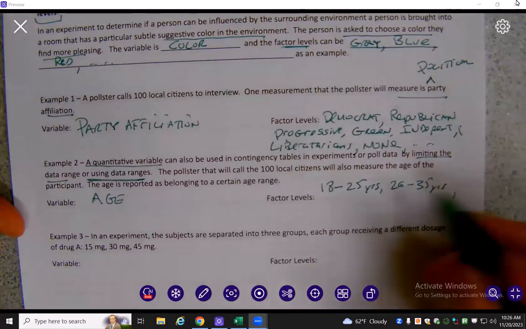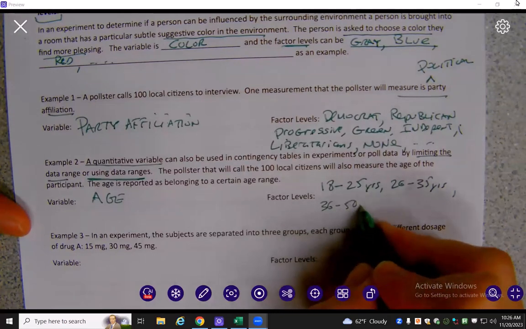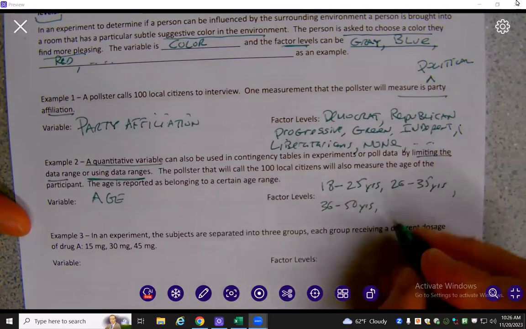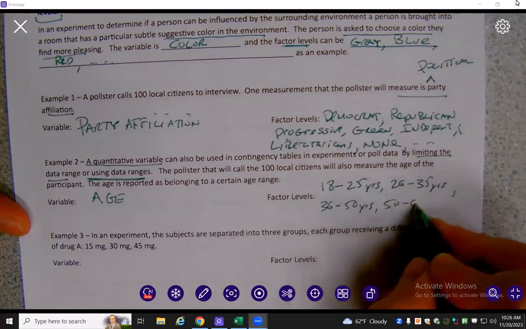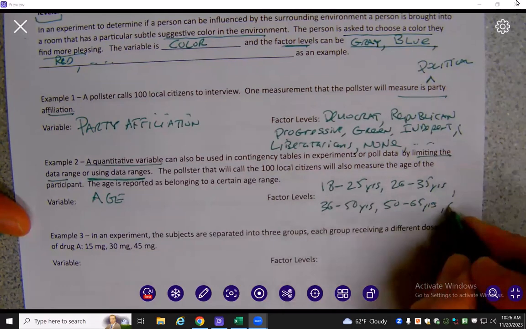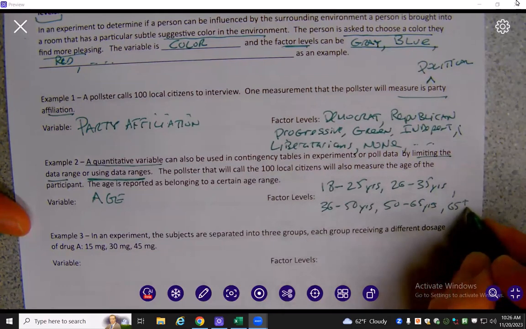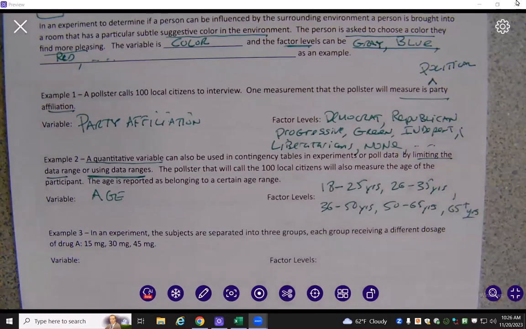So maybe 26-35 is a cohesive group, and then 36 to 50 years of age is a cohesive group, and so on. I'll just do one more. 50 to 65 years is another cohesive group, and then usually 65 plus is the other one. So anyway, we take it and break it down into ranges, and then those become the factor levels.